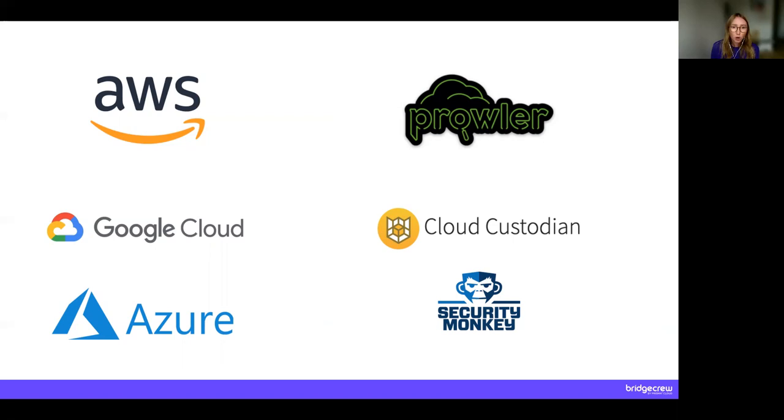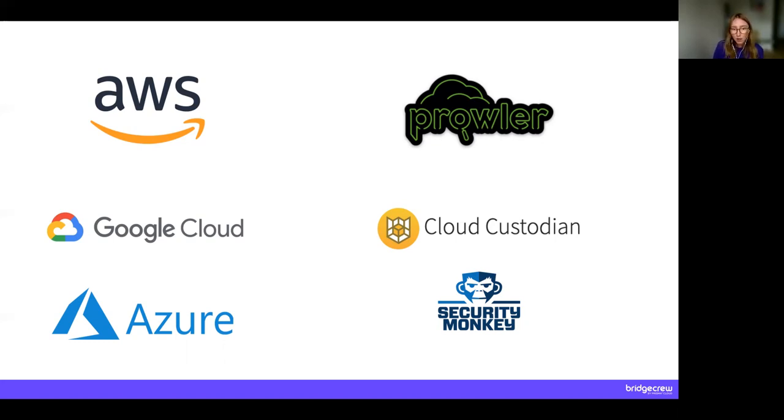There's lots of open source tools too. Prowler, which is primarily for AWS security assessment. It has about 180 checks or policies that cover best practices and some compliance frameworks like GDPR, HIPAA, PCI. It also integrates with Security Hub so that you can get a unified view of all policies, and you can also create your own.